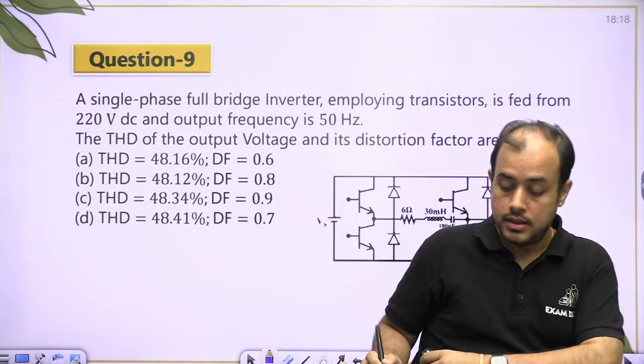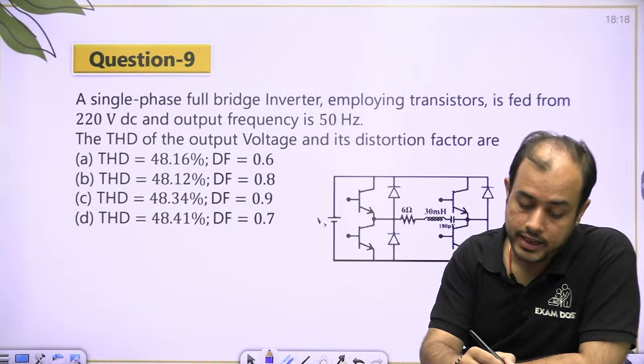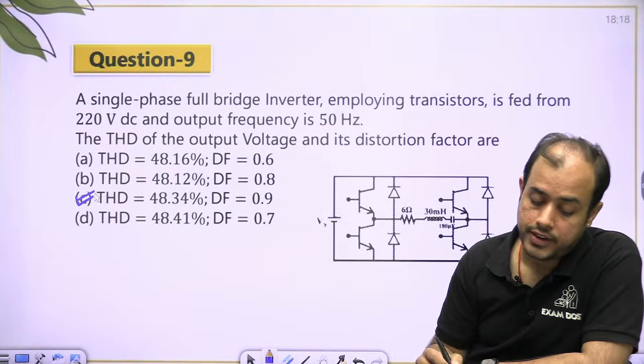Okay. Now, beta, in a single phase, we know THD and distortion factor already.